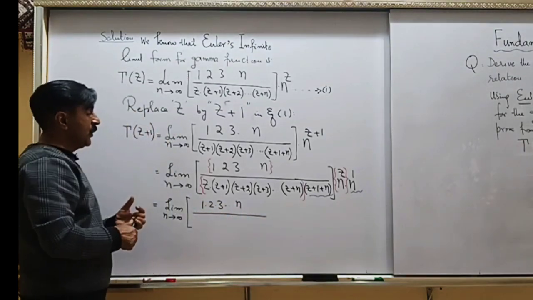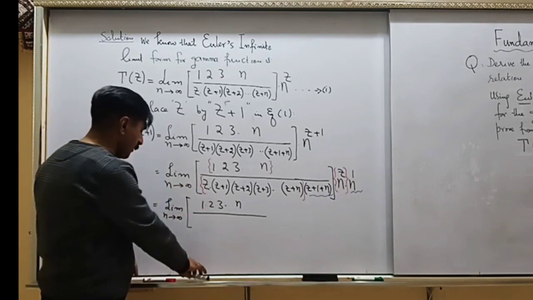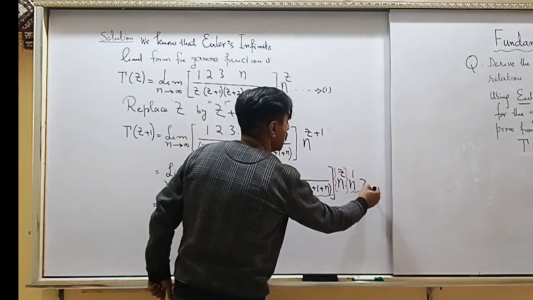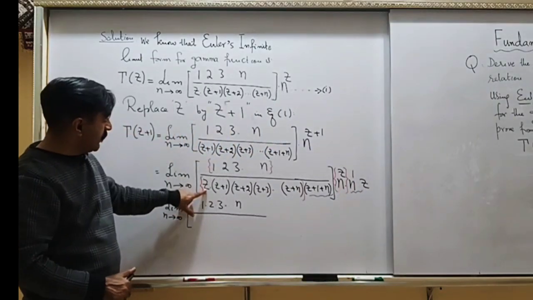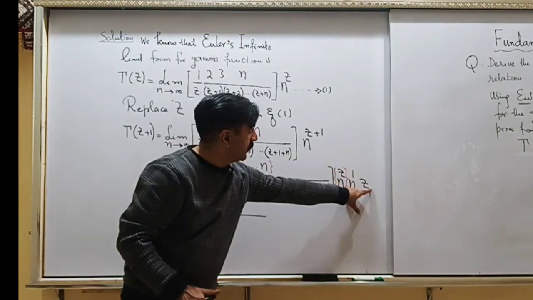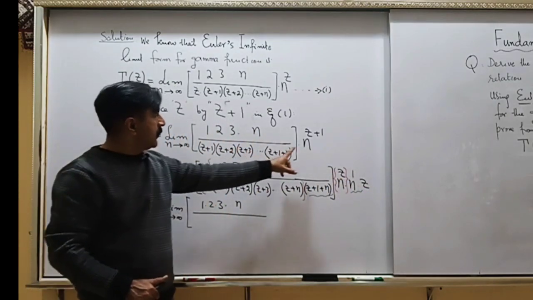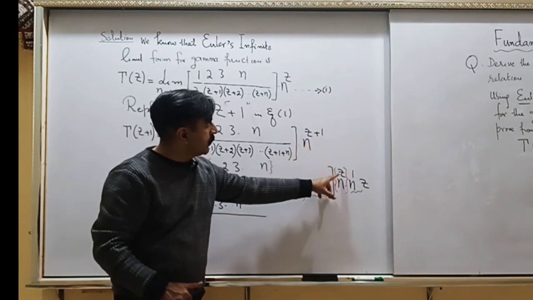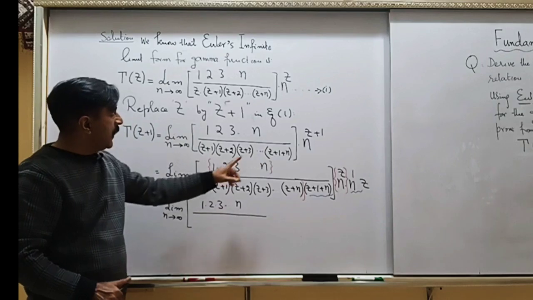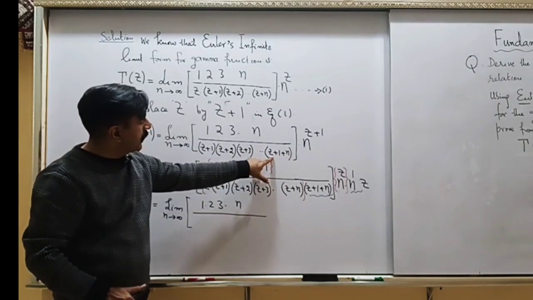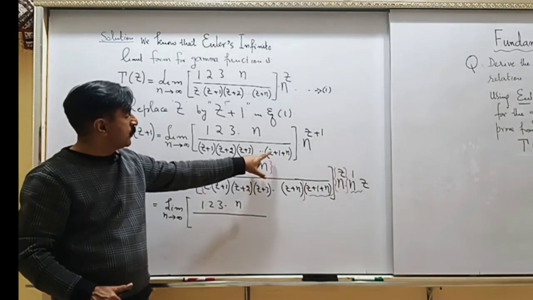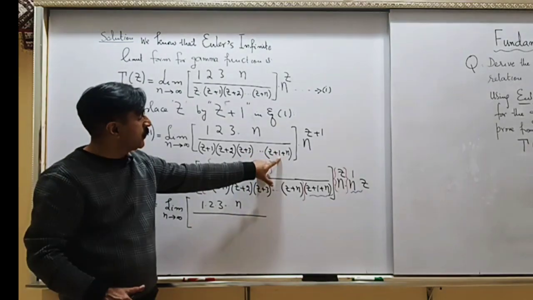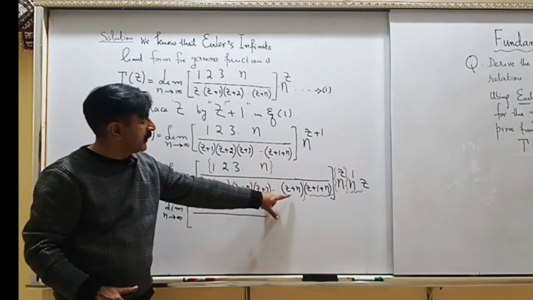Divided, oh, you divided by z, you should also multiply by z. So here you have divided by z and multiplied by z, and you have separated these two exponents into a product, n to the power z and n to the power 1, and you have written one factor preceding this one. The preceding factor is obtained by reducing the number by 1, so reducing 1 you get z plus n here.